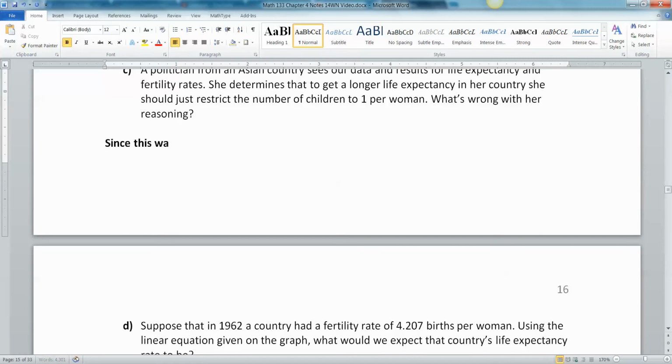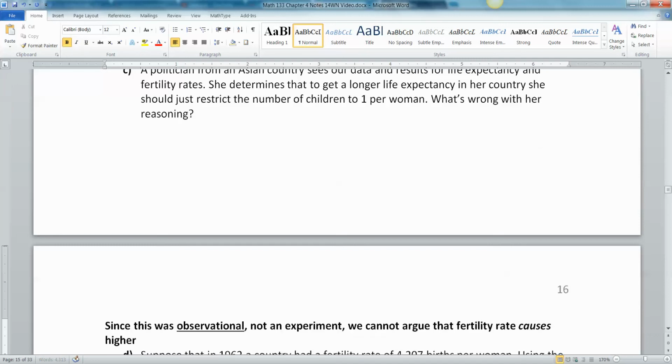Since this was observational, not an experiment, we cannot argue that fertility rate causes higher life expectancy.